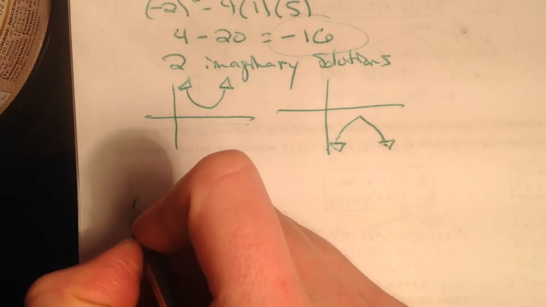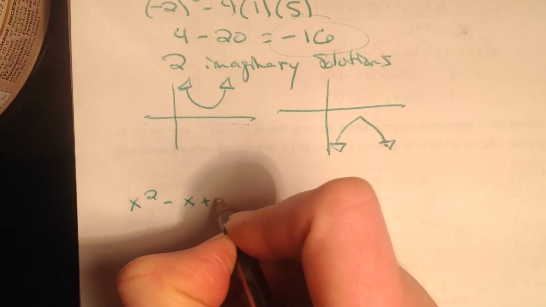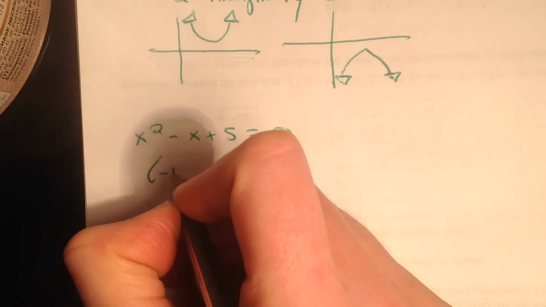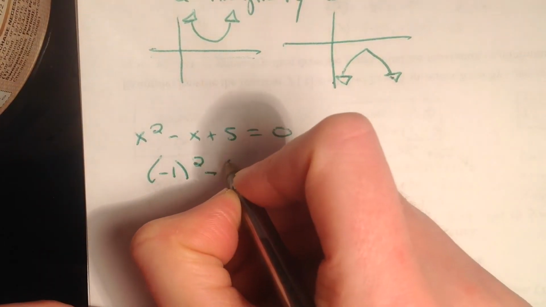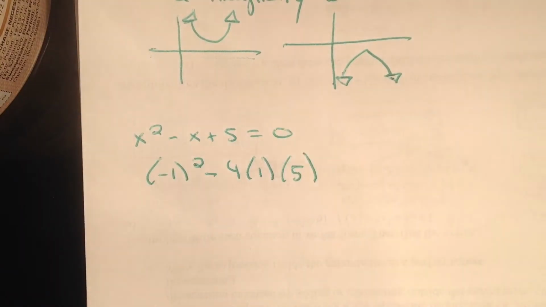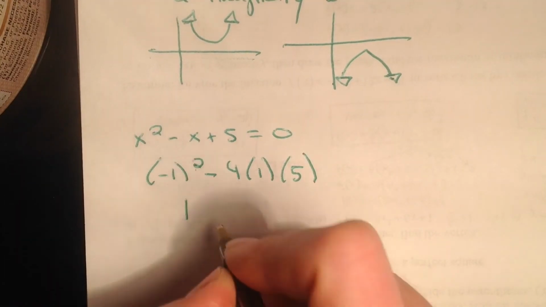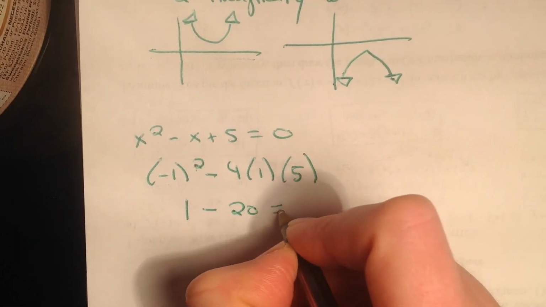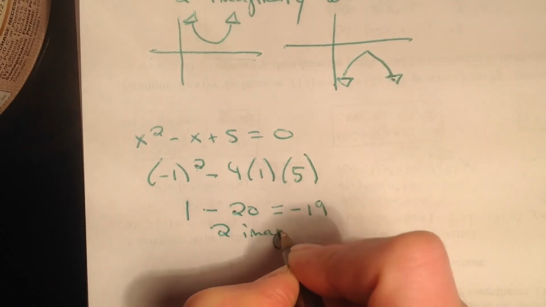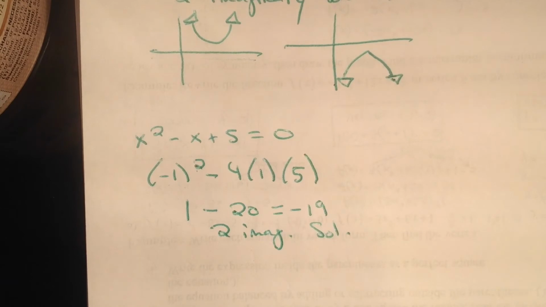Taking a look at another one, x squared minus x plus 5 equals 0. b squared, so negative 1 squared, minus 4 times a of 1 times the c of 5 means negative 1 squared is 1, minus 20 produces negative 19, so once again, two imaginary solutions.